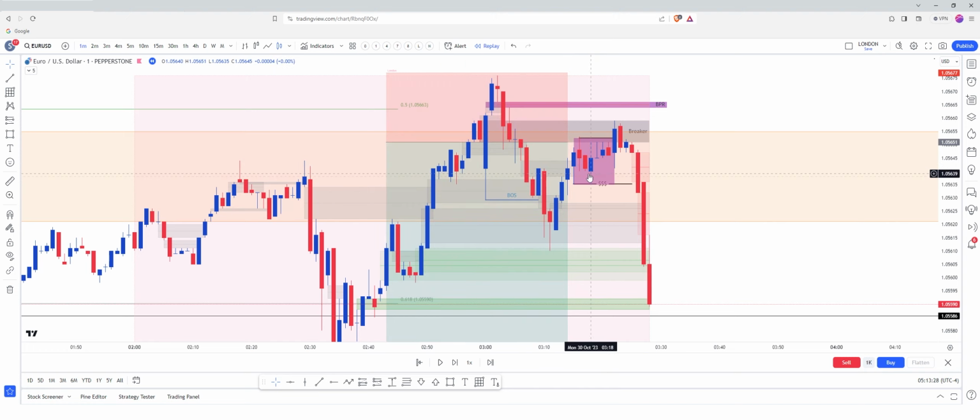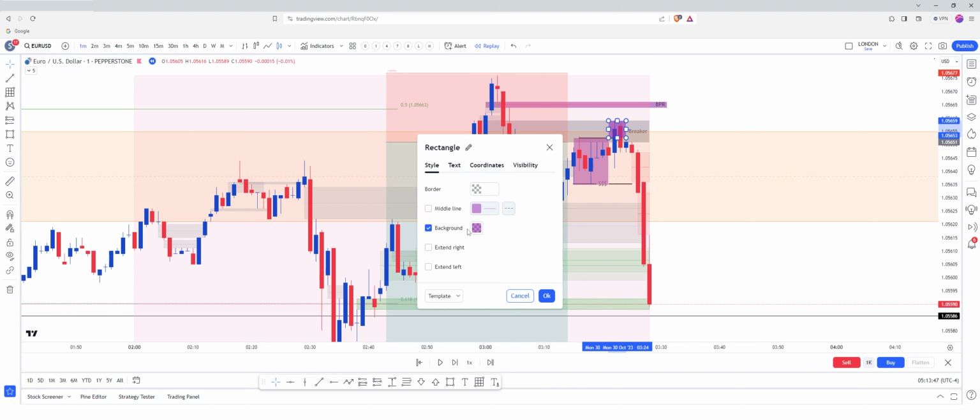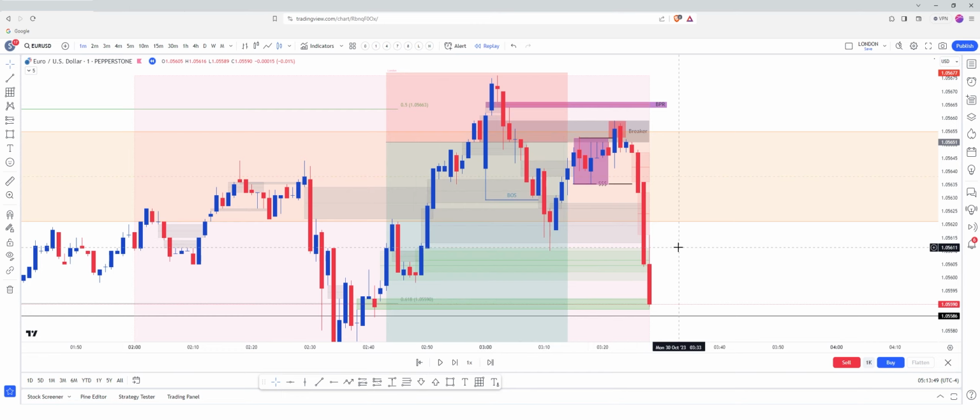So the manipulation phase is taking traders in the wrong direction, which is this little sweep of liquidity here. We have a couple of candles where we just break out, take traders in the wrong direction. So we'll do that in red. Take traders in the wrong direction before then accelerating into the right direction.